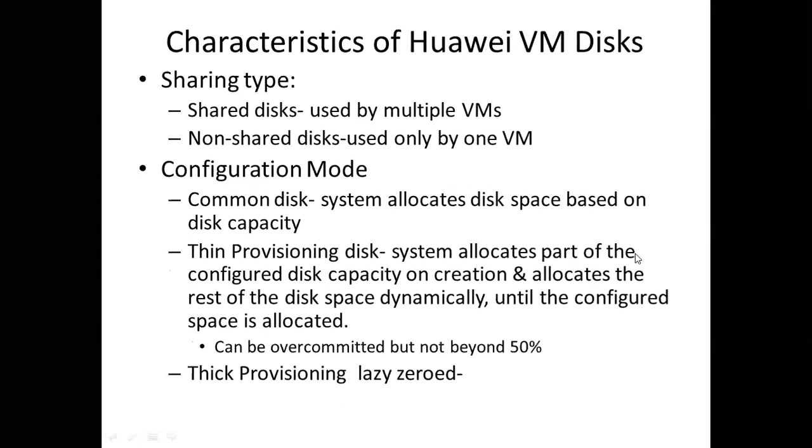So if the disk space has been initially allocated, say 50 gigabytes, in thin provisioning it doesn't give the whole 50 gigabytes at the start.